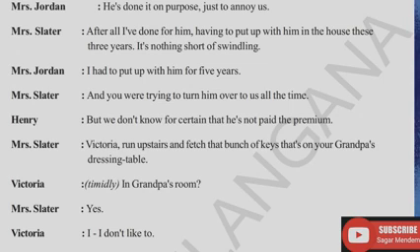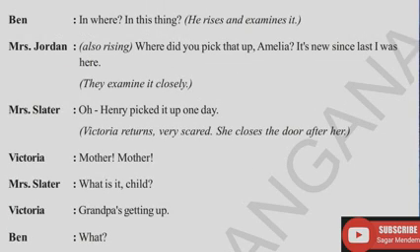Victoria, run upstairs and fetch the bunch of keys that are on your grandpa's dressing table. In grandpa's room? Yes. No, I don't like to. Don't talk so silly. There is no one who can hurt you. Victoria goes out reluctantly.